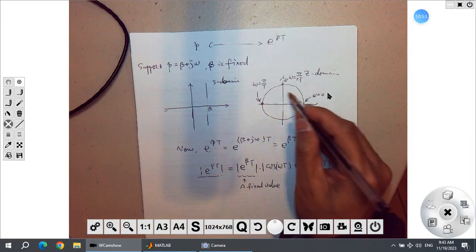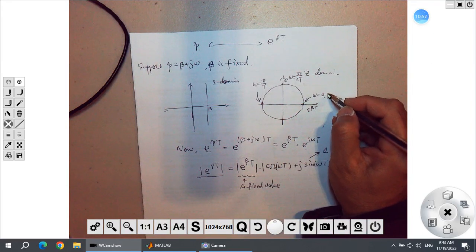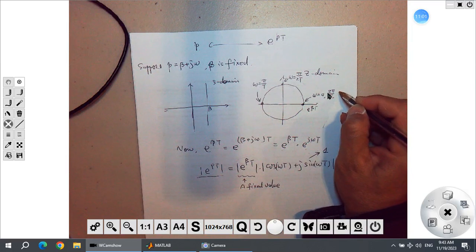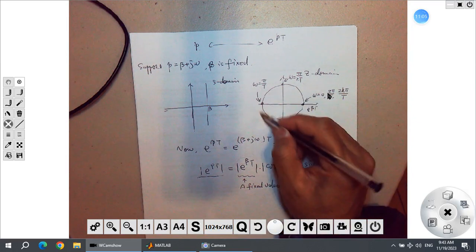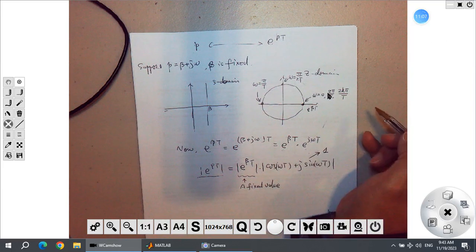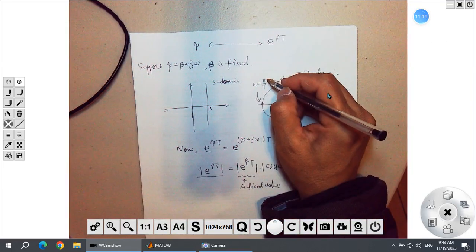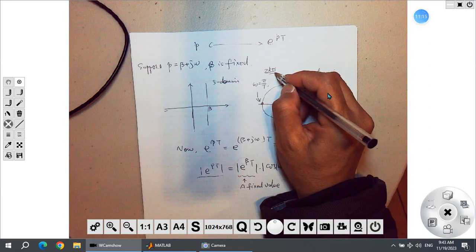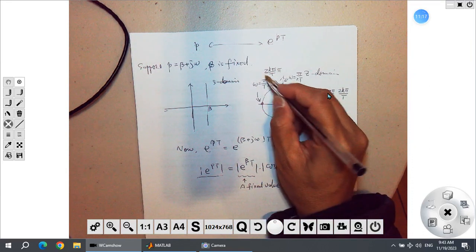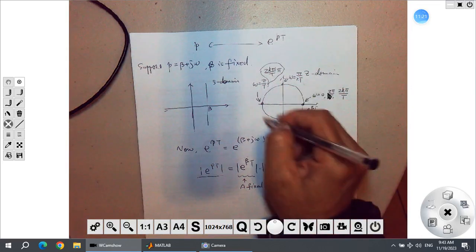And then you turn around, right? So here should be 0, then 2 pi over t, actually 2k pi over t. All the 2k pi over t is this point. And this point is (2k plus 1) pi over t. So you turn around infinite times.